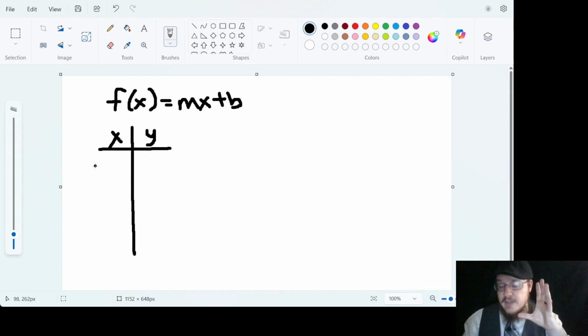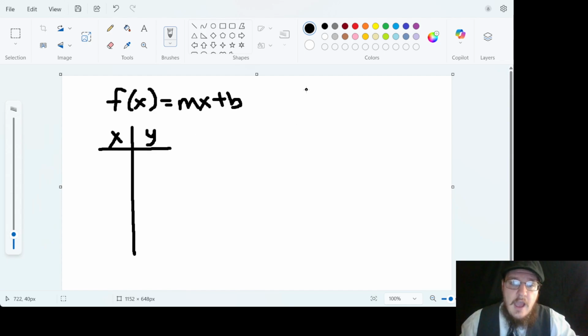Now remember, from last week, we used 5 specific values: -2, -1, 0, 1, and 2. You establish 0 because you need to know what your y-intercept is, and then you have 2 values on either side of the y-axis. That way you can fully see how this graph is going to look.